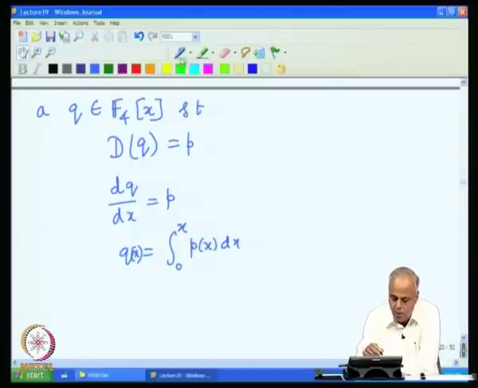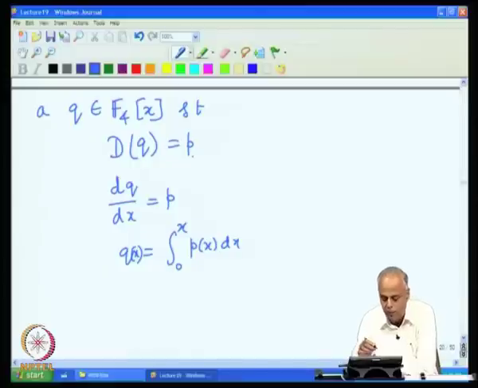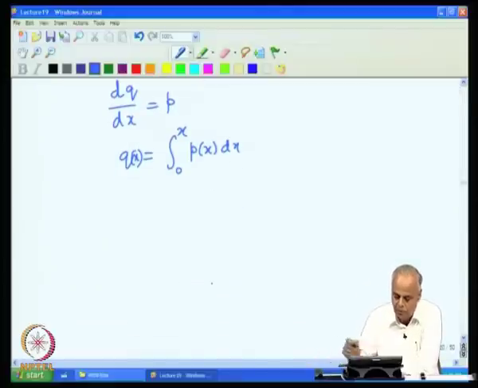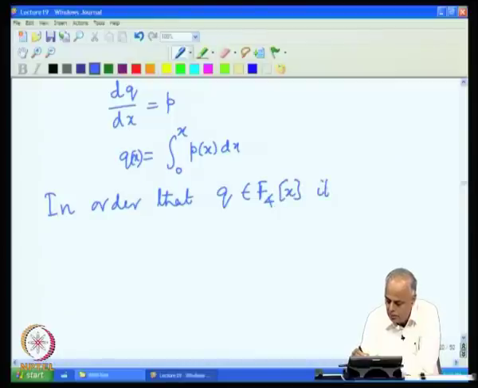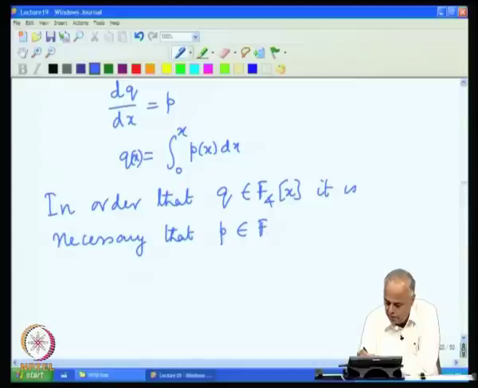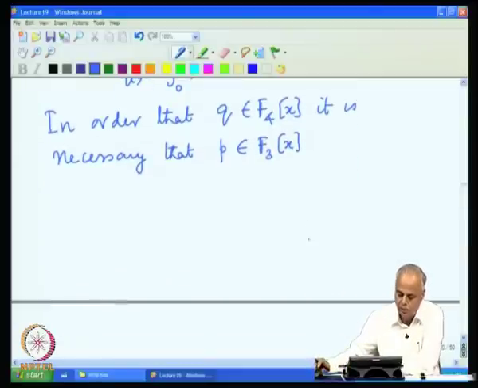So, only polynomials of degree less than or equal to 3 have a pre-image. So, in order that q belongs to P4(x), it is necessary that p belongs to P3(x), a polynomial of degree less than or equal to 3.